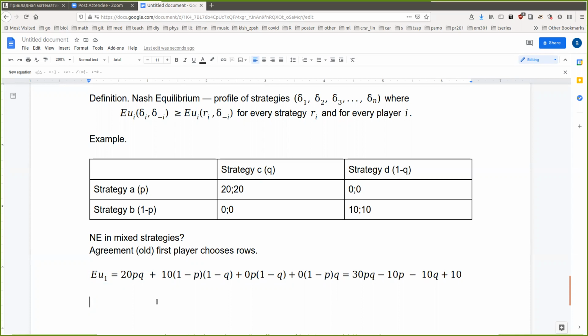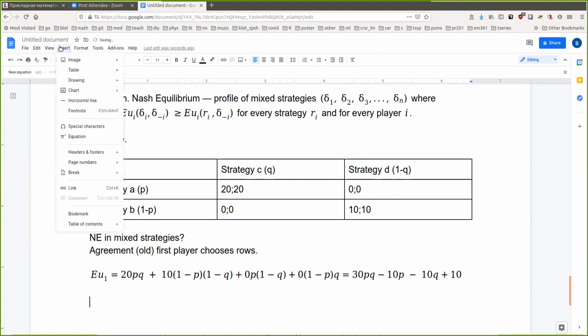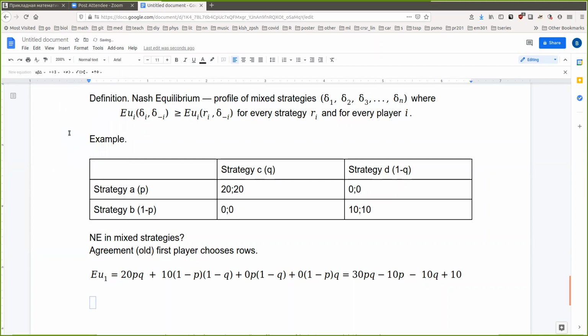Absolutely correct. Okay, so now I can find the best response function, because to calculate Nash equilibrium, I need to find the best response function. Let's find it for the first player.